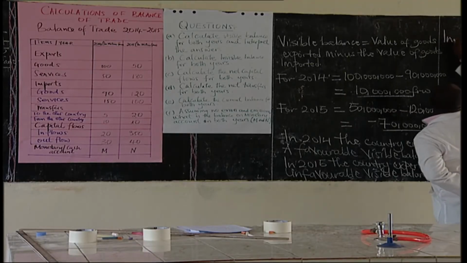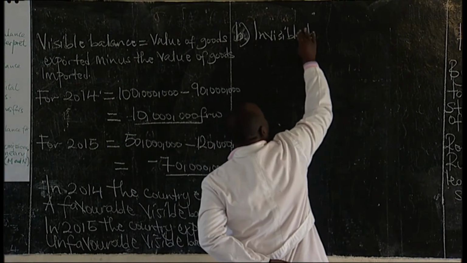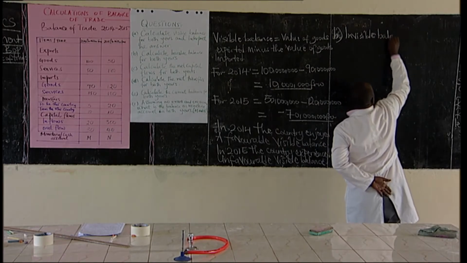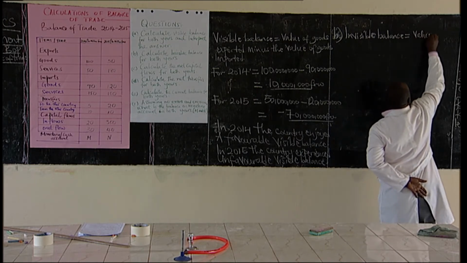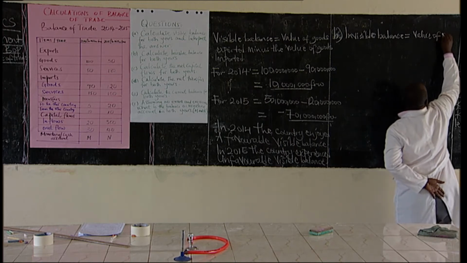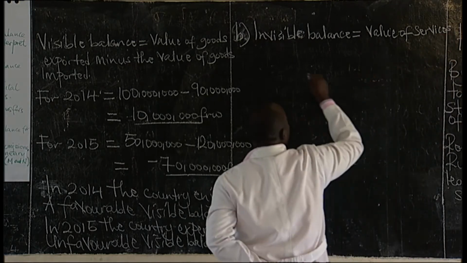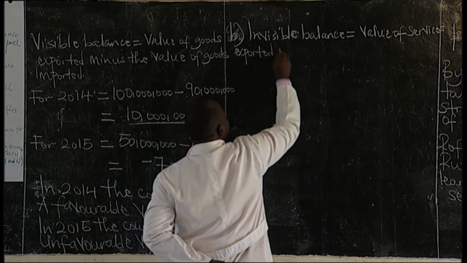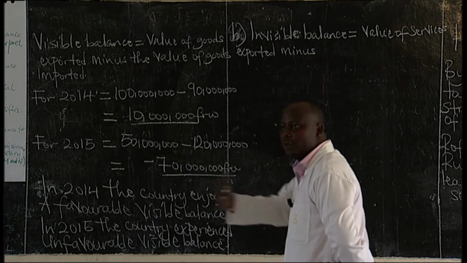To get the invisible balance, learners, it is equal to the value of services exported, minus the value of services imported, because invisible trade deals with buying and selling of services.